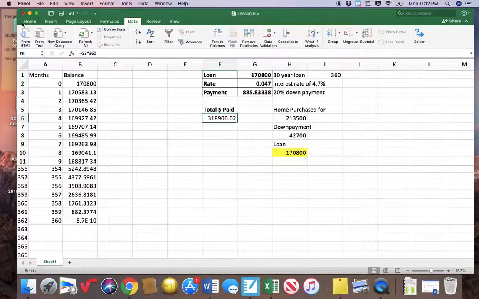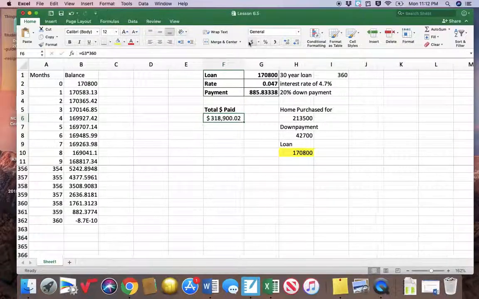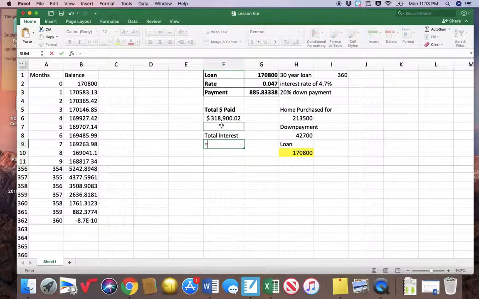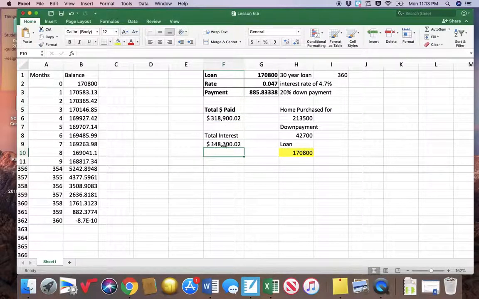So I can see that over the life of the loan, he pays $318,900.02. Now, the total interest is going to be equal to the total dollars that Zachary pays minus the loan that he took out. So there I can see the interest is pretty substantial. It is a little under $150,000 in interest on this home loan over the life of 30 years.